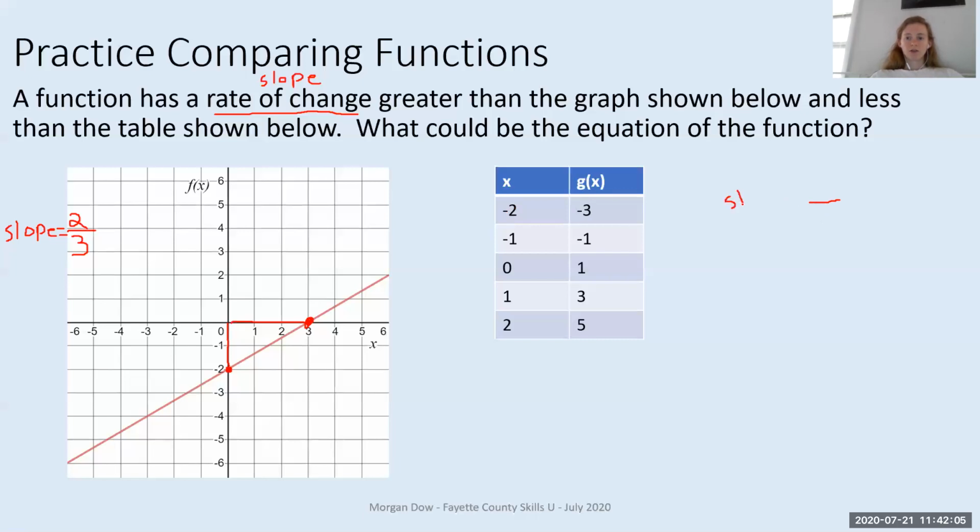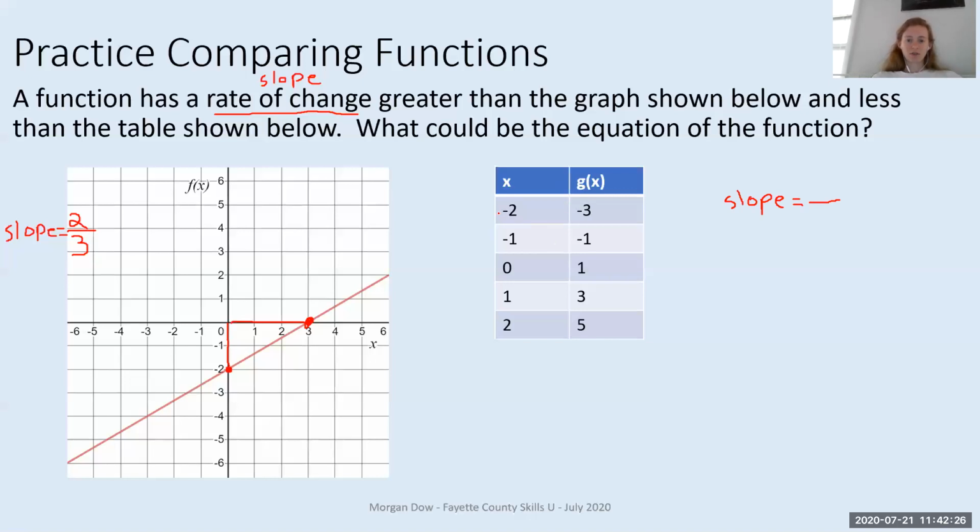It's going to be our slope. So let's start examining the changes in x and the changes in y, or the changes in g of x, sorry, that we see for this second function in the table here.